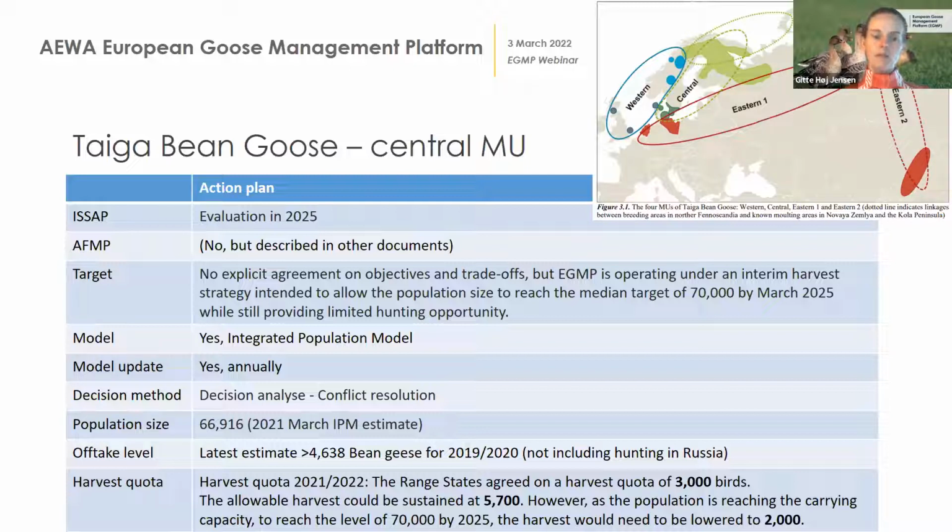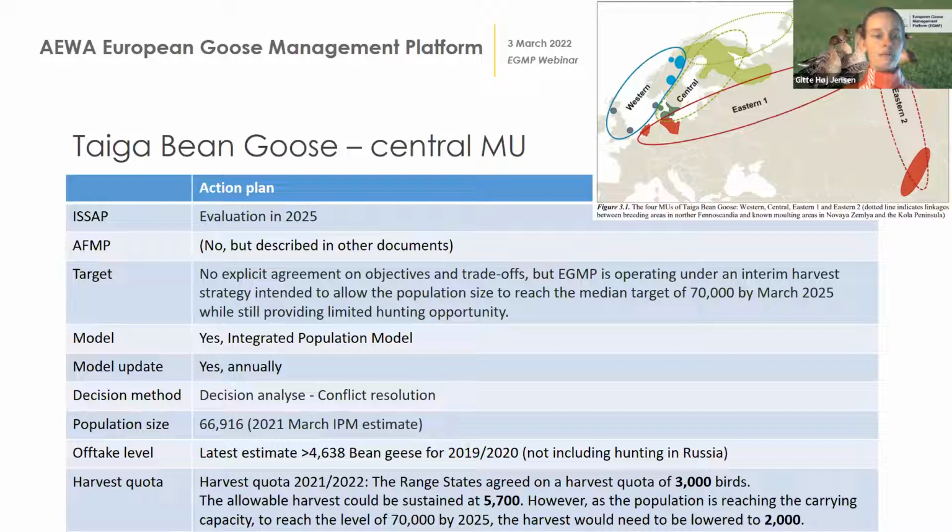But as we don't have these clear agreements on the objectives, we can't do the optimization process in terms of the ideal harvest level. So we are in a flavor of adaptive management, as Sergey mentioned, where we're using part of it.